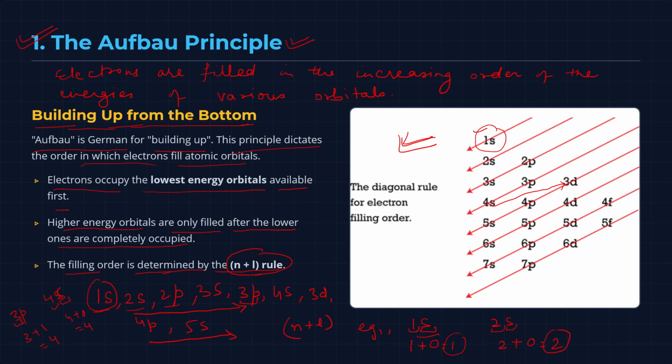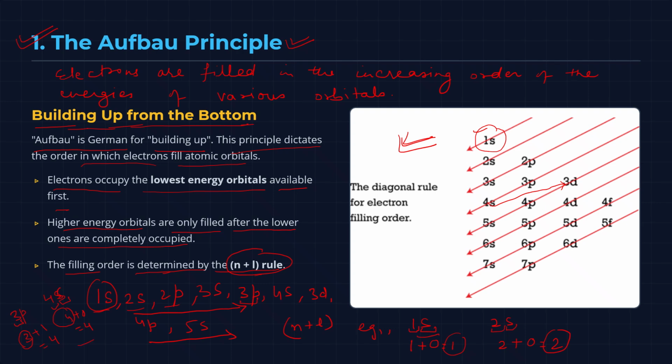But here you must remember that where there is the same value of n plus l, we must see that the orbital having lower n value will be lower in energy, and the other orbital having greater n value will be higher in energy.